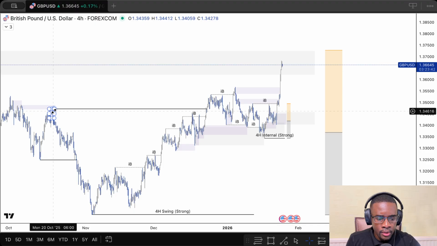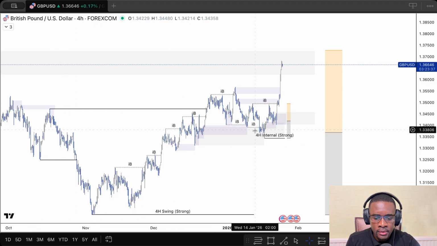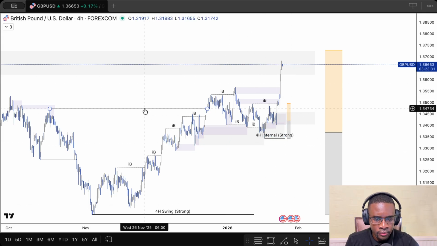So this was the swing break of structure, right? And then this is a sizable pullback from there to there. So now we have a 4-hour swing.